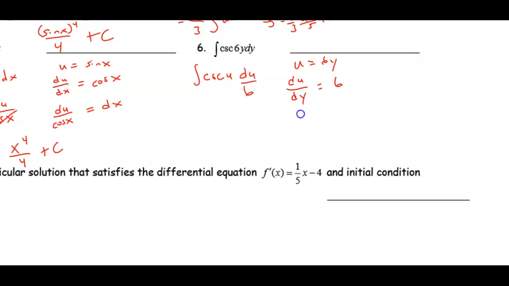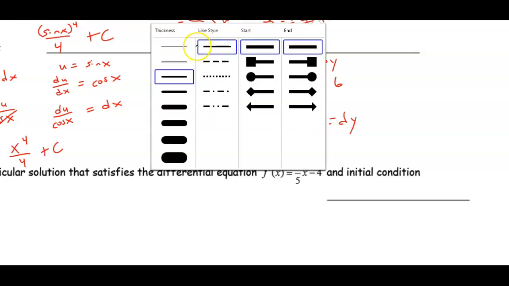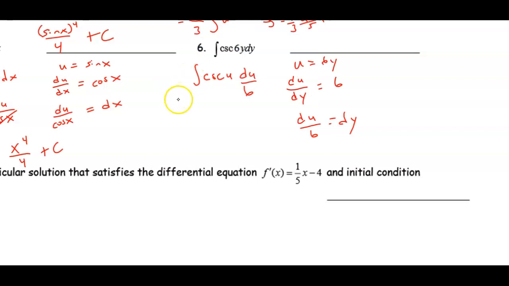Oh, I didn't rewrite this. Sorry. Du over 6 equals dy. All right. So now, 1/6, I bring that out front. Here, let me change colors because that can be confusing. I'm going to bring out 1/6 right here. Cosecant of u du.